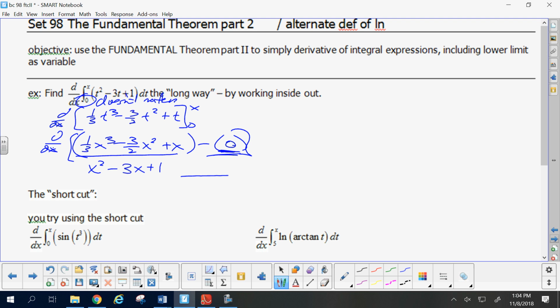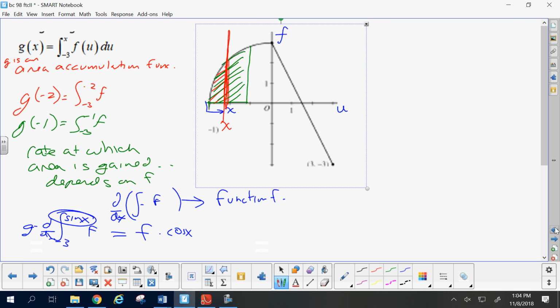So I ask you again, does that number matter? It doesn't. Visually speaking, that doesn't matter because I don't care whether I start here or here or here. The rate at which the area is changing depends on where I'm at this point, not that point. I don't care if I started here or there. The rate of change in the area is all about the right edge.